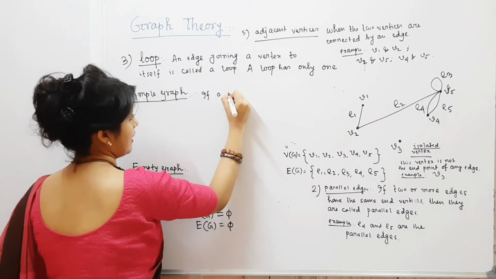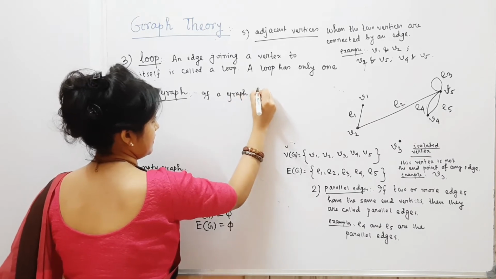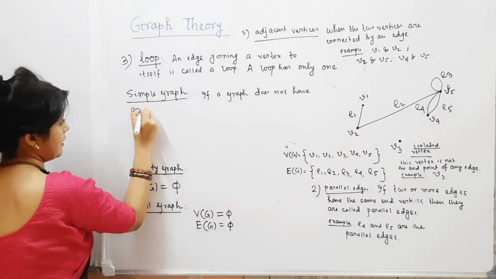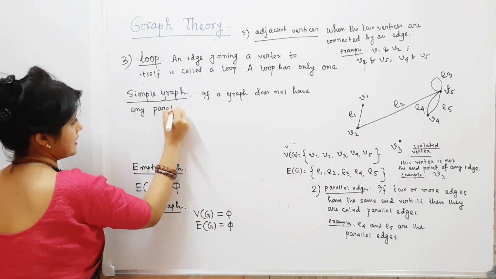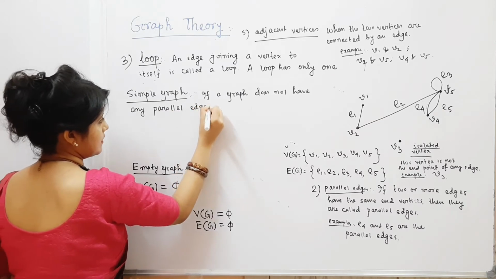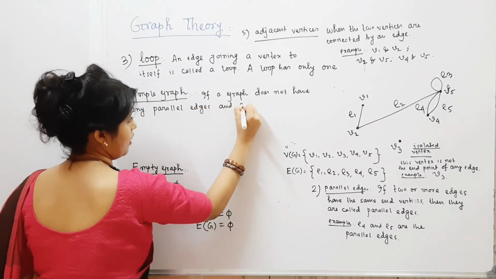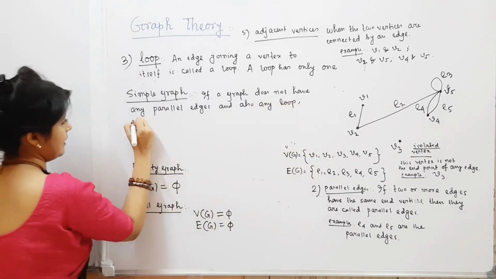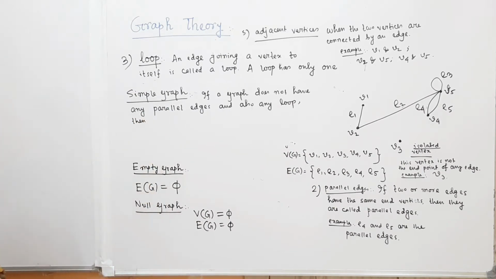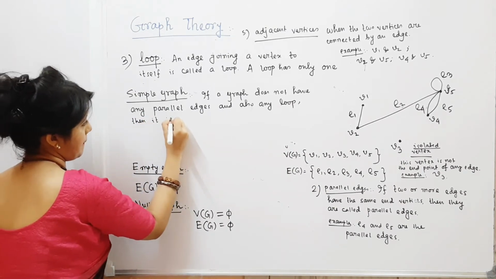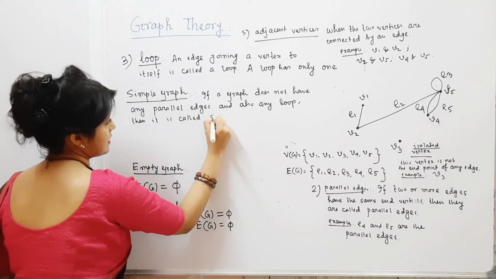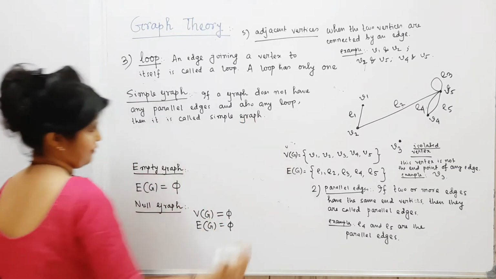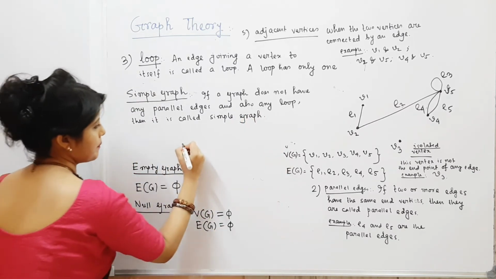So if a graph does not have any parallel edges and also any loop, then it is called a simple graph.